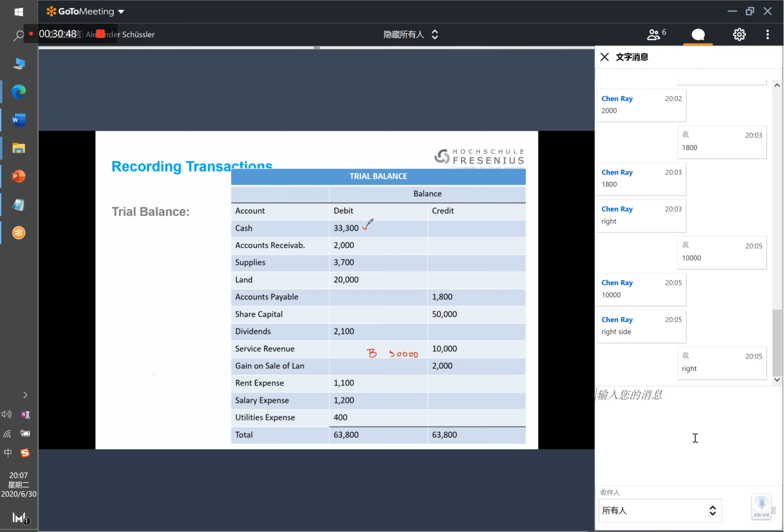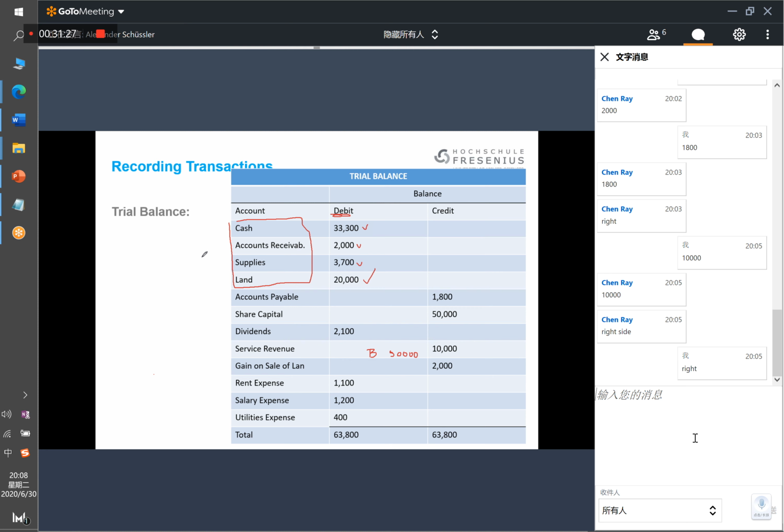So we are right. You see here that these are all assets, and they have a debit balance. The numbers are correct. We think we did it right.